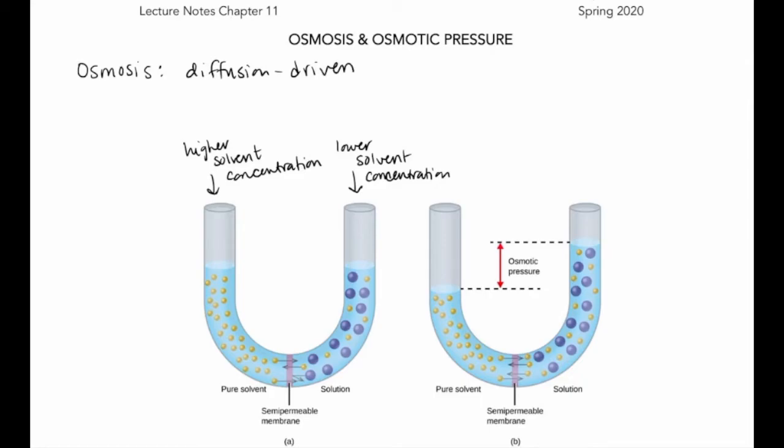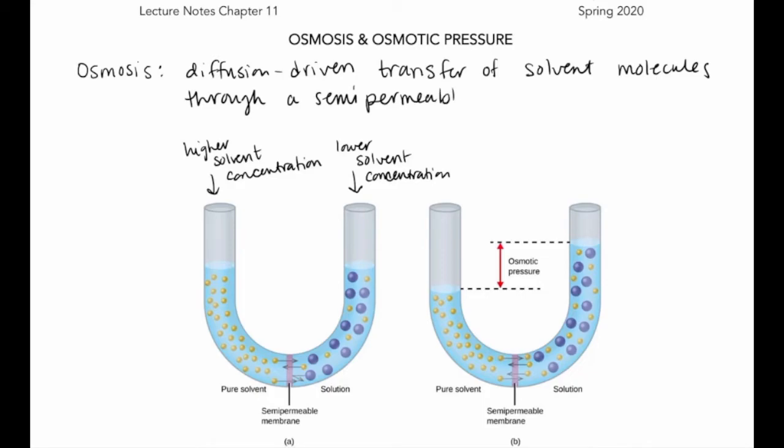So we get the flow of solvent across this membrane, diffusion-driven transfer of solvent molecules through a semi-permeable membrane, the flow of solvent molecules through a semi-permeable membrane.